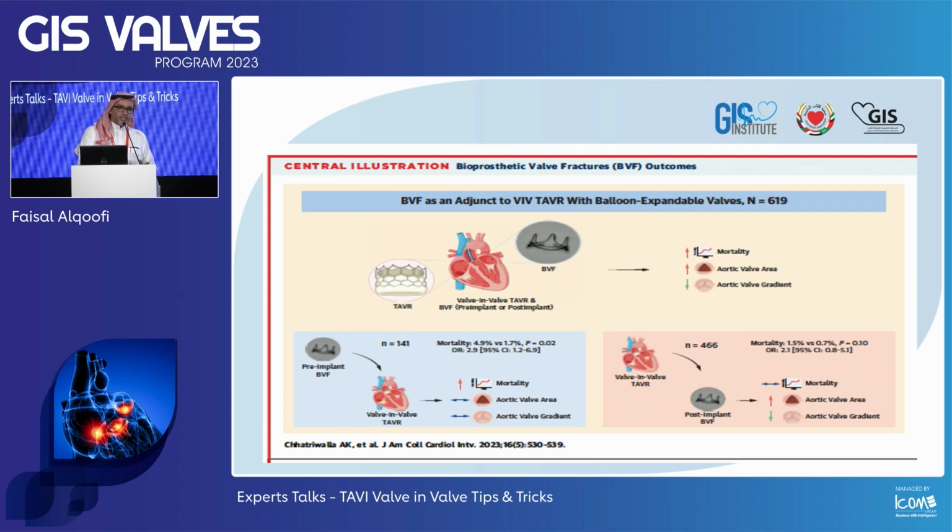You're going to deal with 19 and 20 millimeter valves versus the 23 and 25 that we used to deal with in North America. So this is very important, and if we think the risk of fracture is too high for that individual patient, then surgery might have been a benefit for that patient. Go ahead. Thank you.